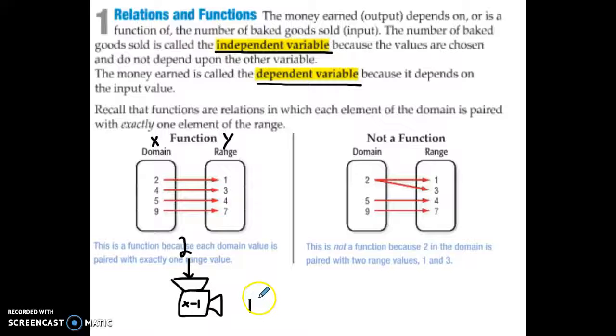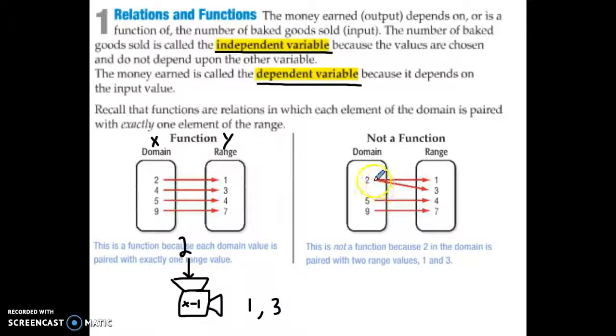So a function has a certain rule that it has to follow. Now, if something else happens, like let's say I put in 2, and the number 3 came out. Well, my machine's clearly broken. It's giving me wrong answers. That would not be a function. So this chart over here is not a function because it's saying, hey, when you plugged in 2, what you got out was 1 and 3.